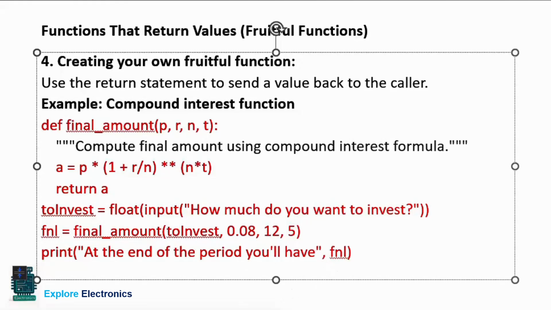For example, if the user types 10,000, the program will print about 14,898.46 as the final amount after 5 years. This is how you code to find the compound interest using a function.